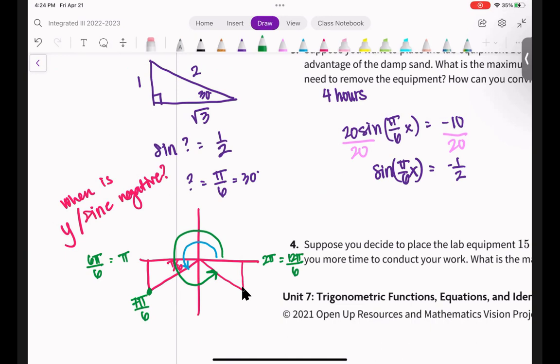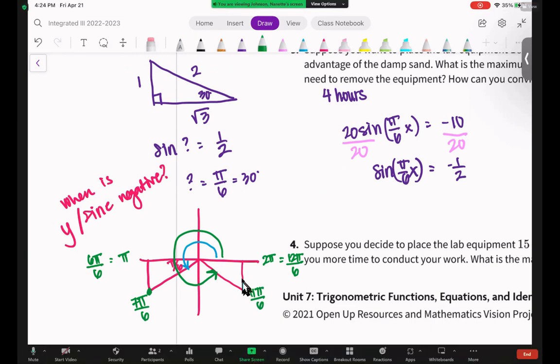And then you took one away. So this is 11 pi over 6. So whenever I'm doing these, I'm always thinking about adding one or taking one away. So one more time, this is a full pi right here to here. So that's 6 pi over 6. And then notice I have an extra slice of pi. That's where I got 7 pi over 6.